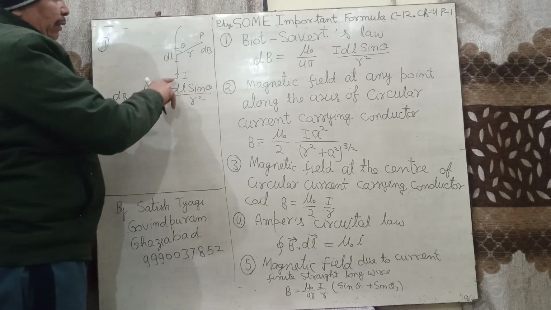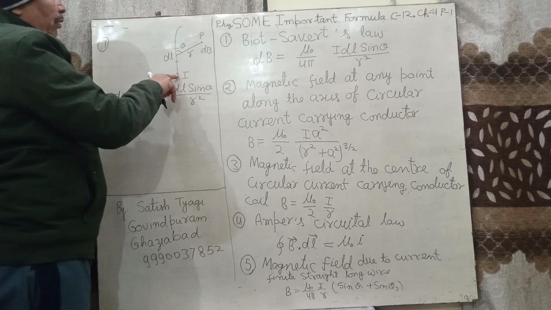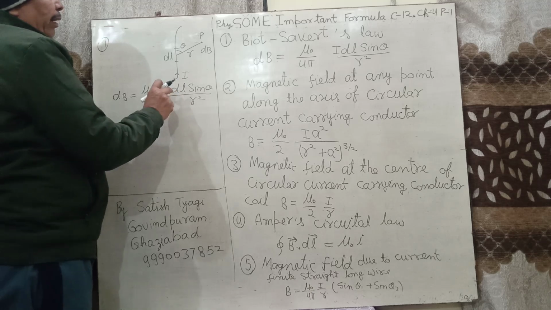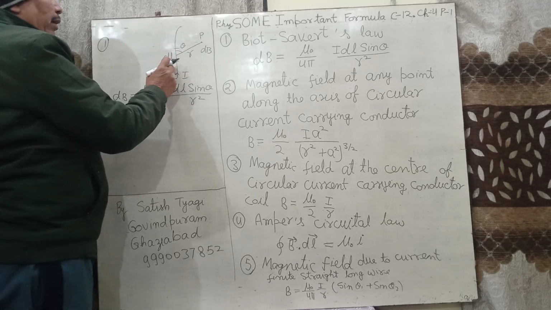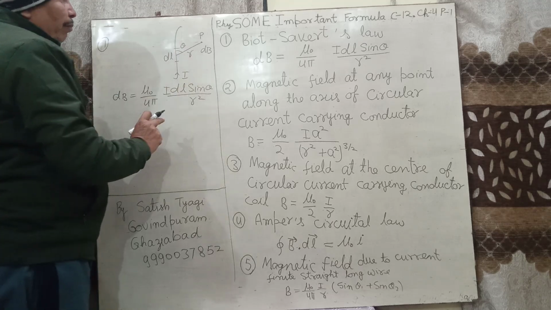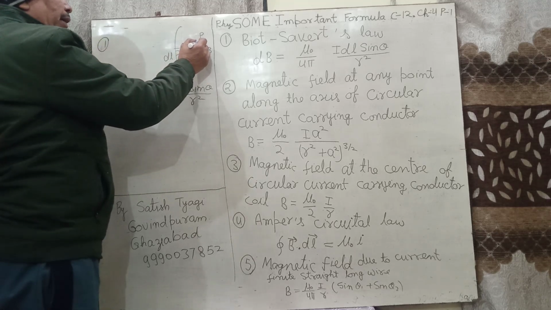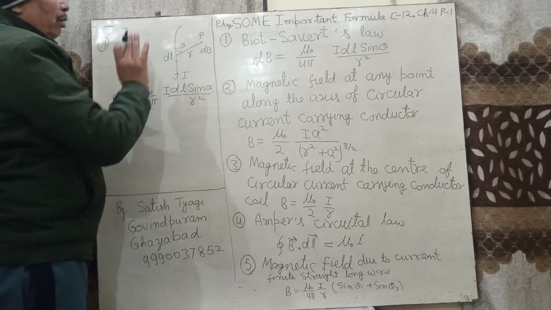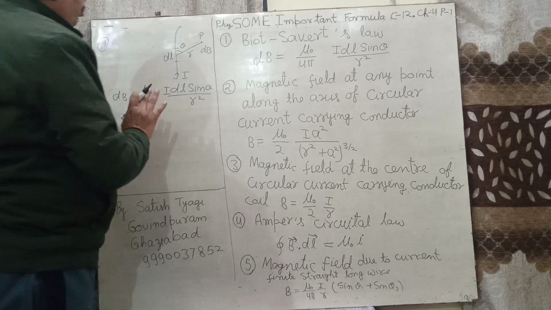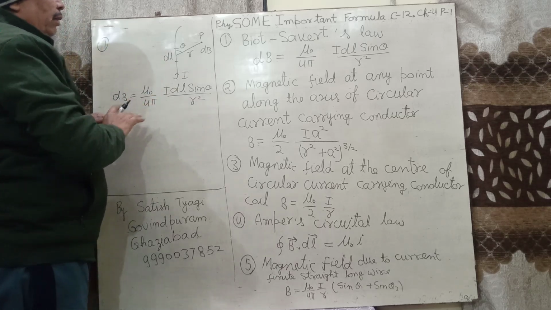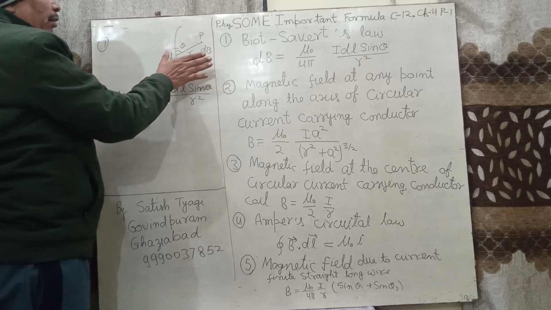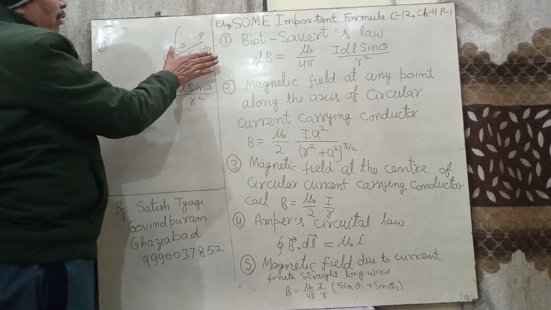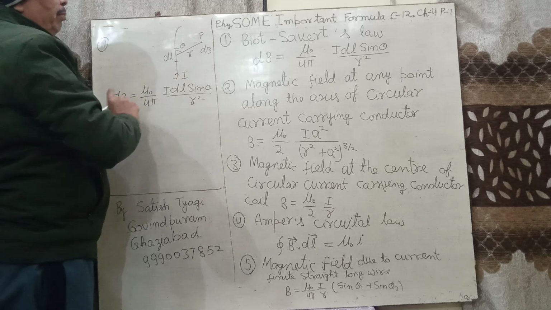Here I is the current which flows in the wire, dl is the part of the wire, and theta is the angle between dl and r. This is the magnitude of the magnetic field at point P, and its direction we calculate from the right hand rule.